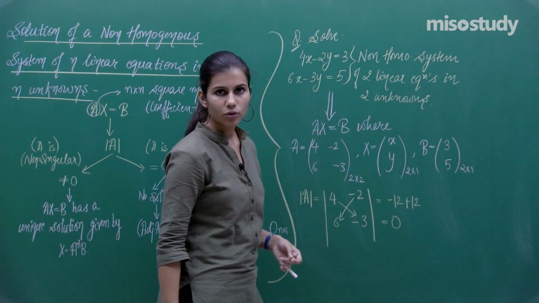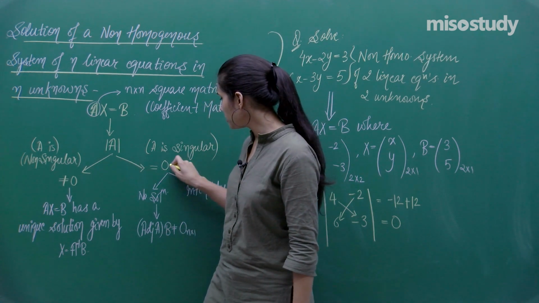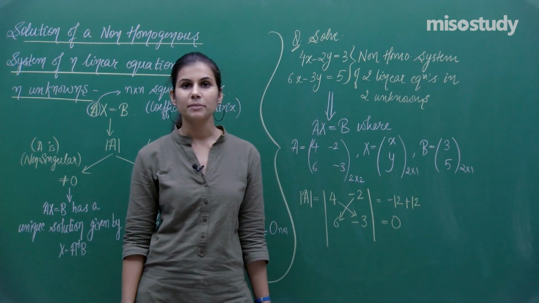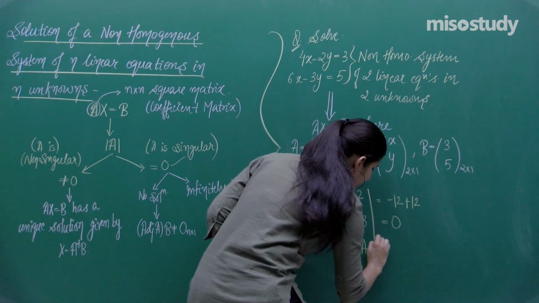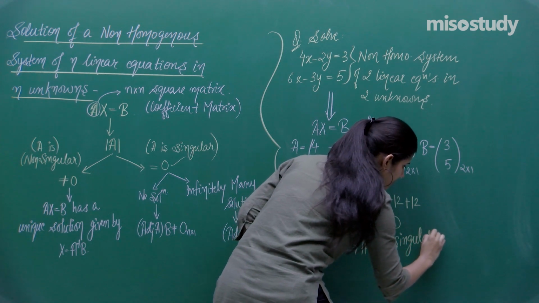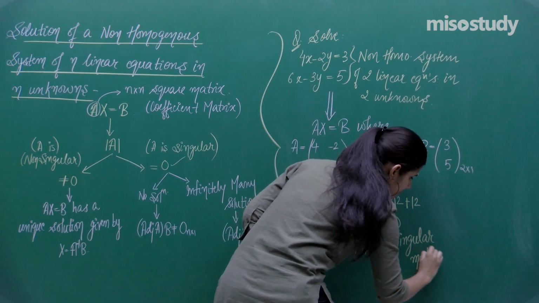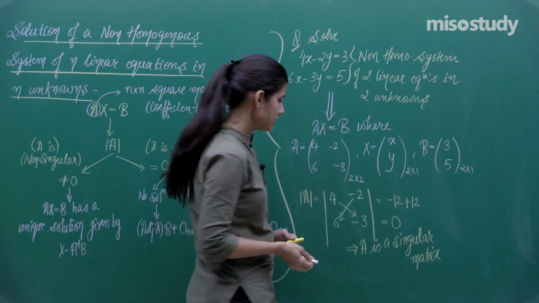We have got a 0. We have reached this case where the determinant is 0, so I can declare that A is a singular matrix.